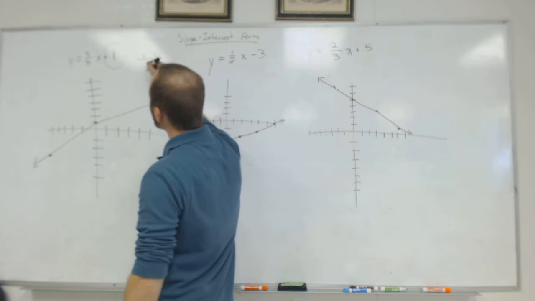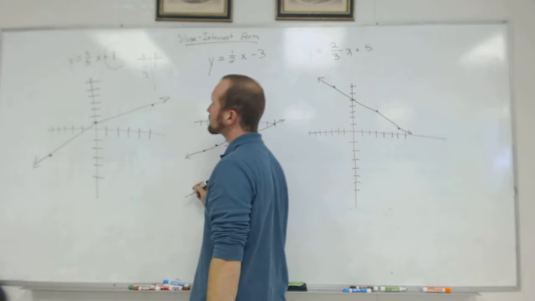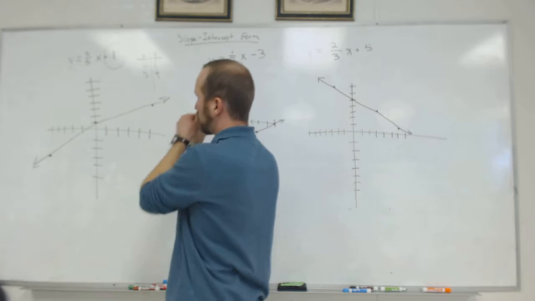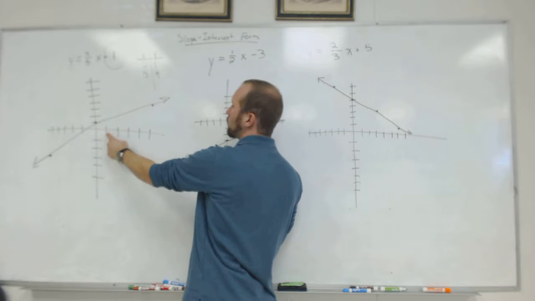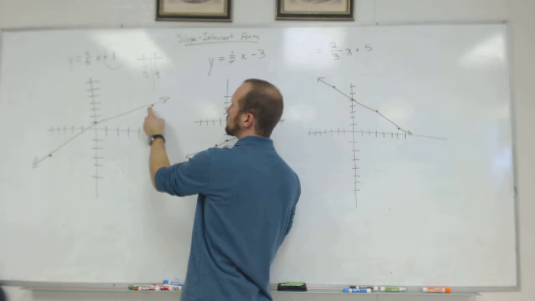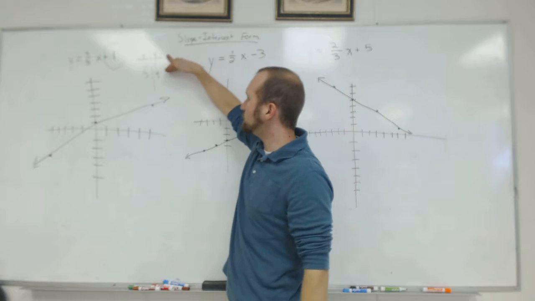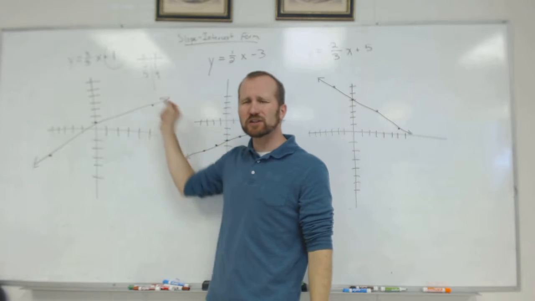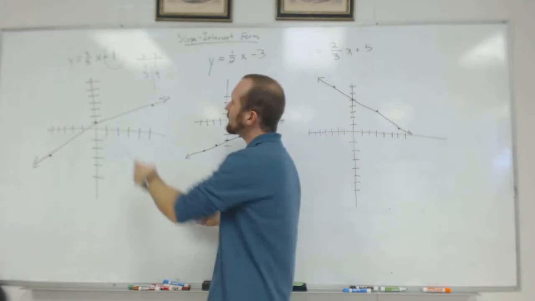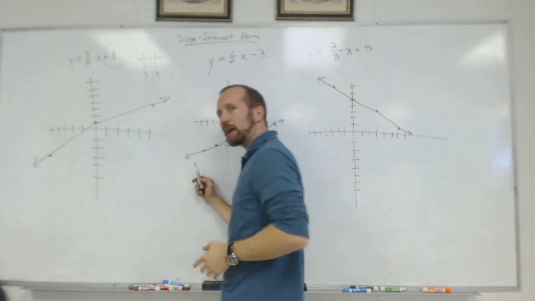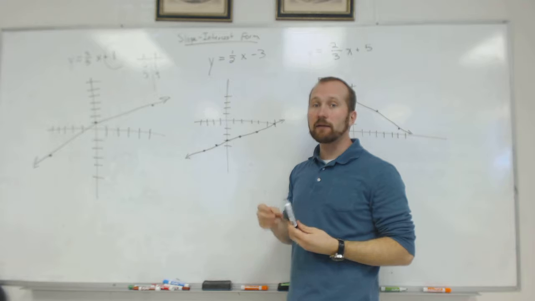And then we probably would have picked 5 for our x, and we would have found that y would be 4. That's this point right here. It's just that instead of making the T-chart and finding each point individually, we're using the y-intercept and the slope to find one point from the next point, which is a lot faster.